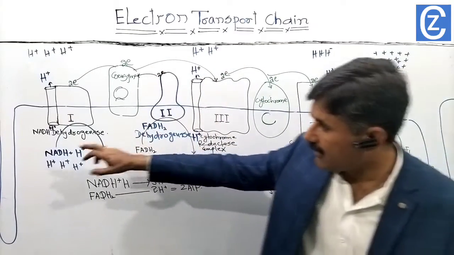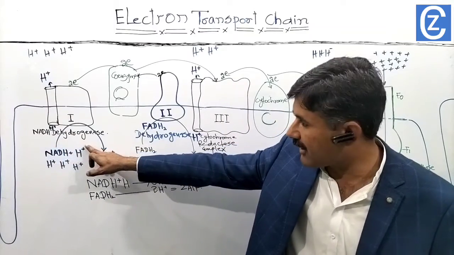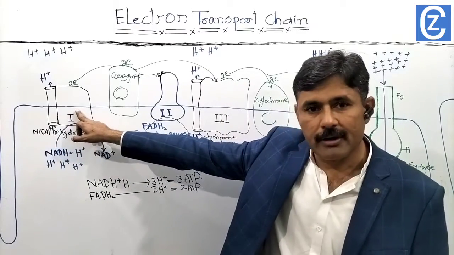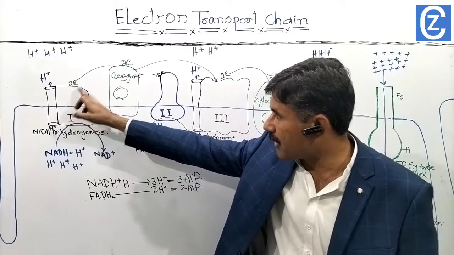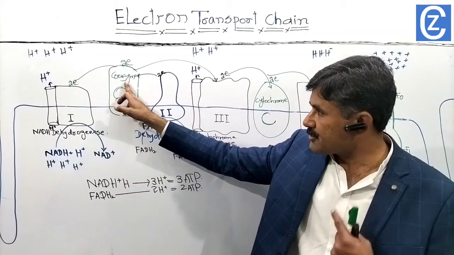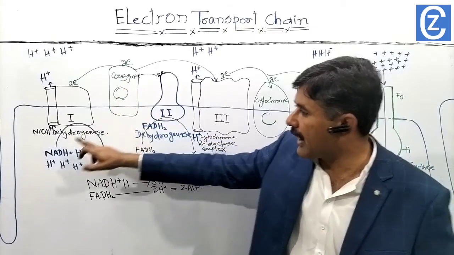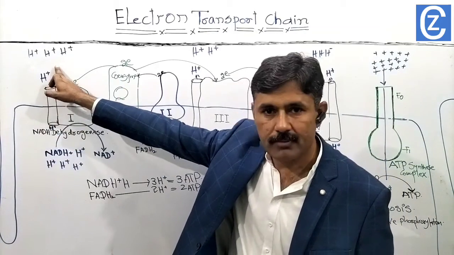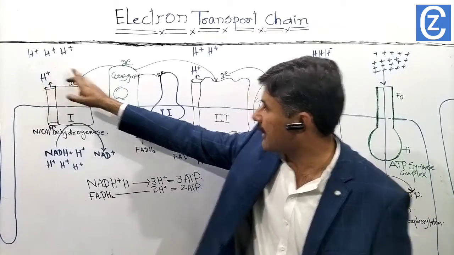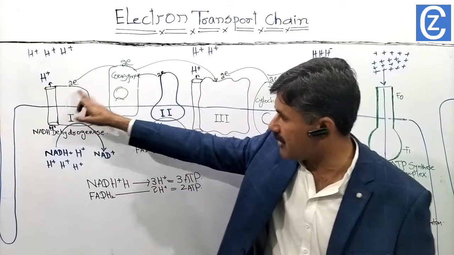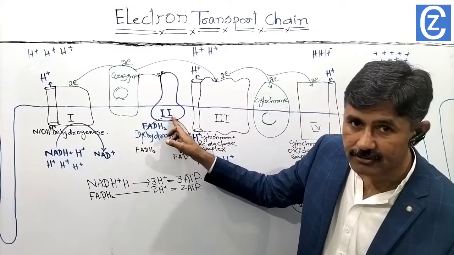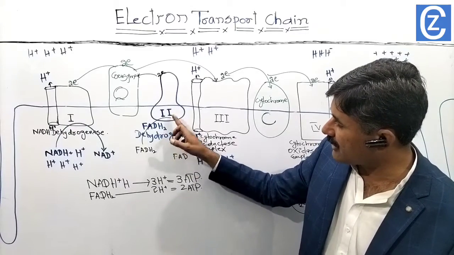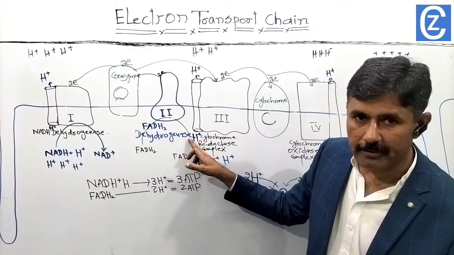I repeat again, when NADH is oxidized, it gives electrons to NADH dehydrogenase complex. It takes electrons, pumps them, transfers them towards coenzyme Q, and it pumps protons inside the membrane space. And this coenzyme is not only receiving electrons from NADH dehydrogenase complex, but it also receives electrons from FADH2 dehydrogenase complex.